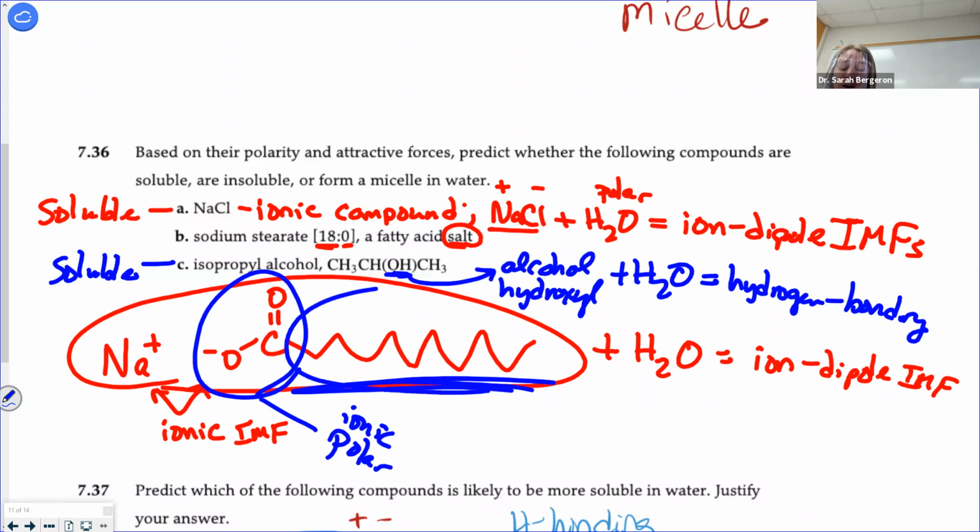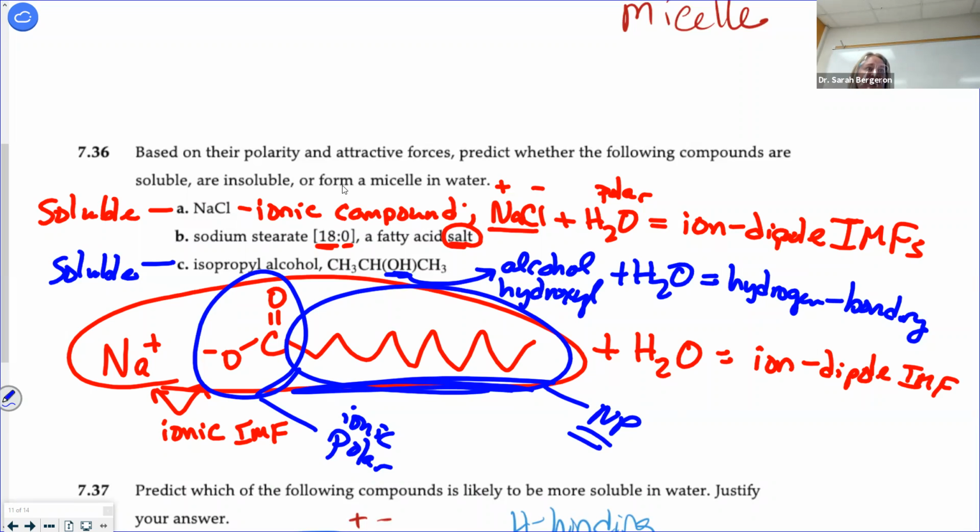But here, you're not. This is a non-polar portion of the molecule. So this is how soaps work. Soaps are fatty acid salts. So we have portions that will interact with the water, and then we have non-polar portions that are long fatty acid tails. So what happens in water is they make what's called a micelle. Have you seen micellar water? Guess what you've got in there?